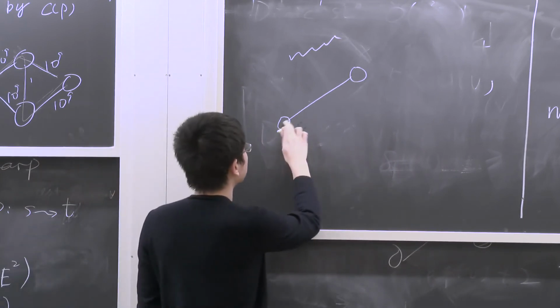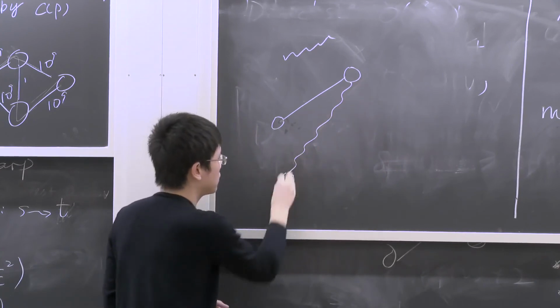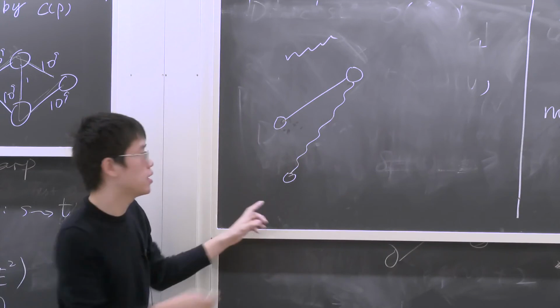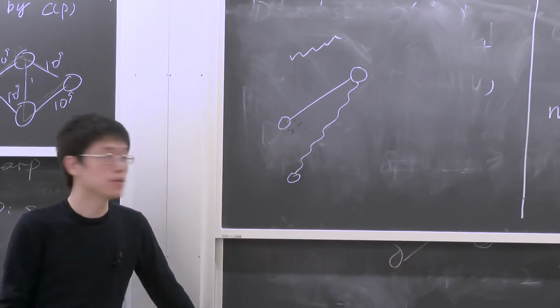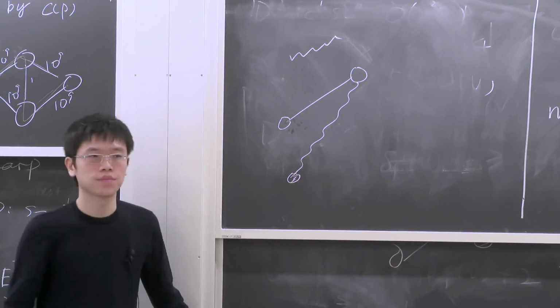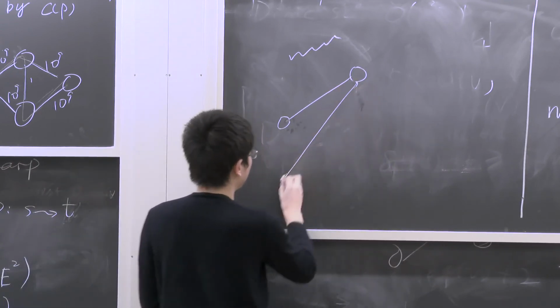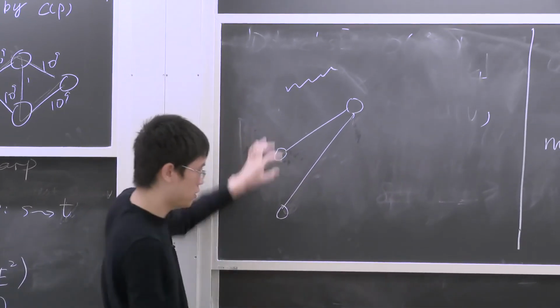I'm going to first claim this node cannot have a matched edge, because if it does, then this is an alternating path, and I'm going to switch these two. Makes sense? So this doesn't exist. So it can only have an unmatched edge. Now, what can I say about this node?